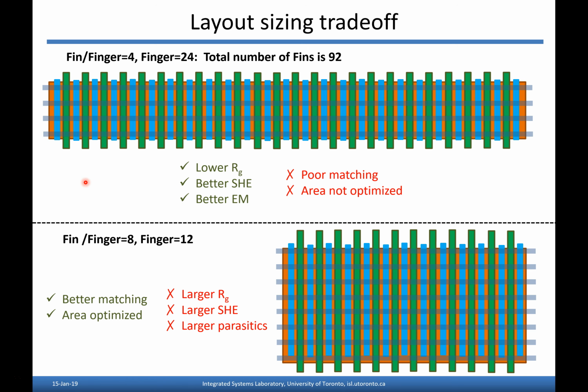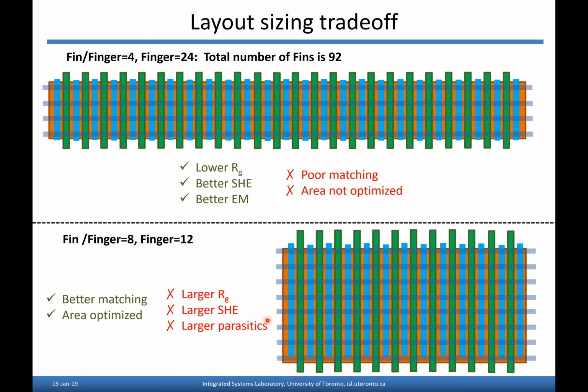But one of them has more fingers, but fewer fins per finger, 4 fins per finger. This one here has more fins per finger and therefore fewer fingers. So you've got maybe a nicer aspect ratio here for the layout that might help with floor planning, might help a little bit with matching, although you have to remember the dimensions here are all so small that the matching is usually pretty good anyway.